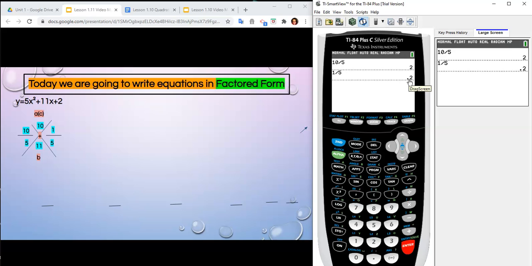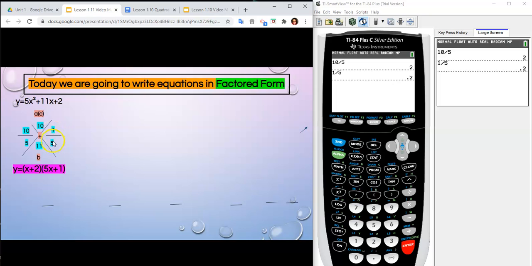Remember we said that decimal numbers, we don't like them to be inside the factors, so we're not going to use decimal numbers. So what we're going to do is we can write this point. Because this simplifies to just 2, one of my factors would be just x plus 2. So this is just x plus 2 for this factor.